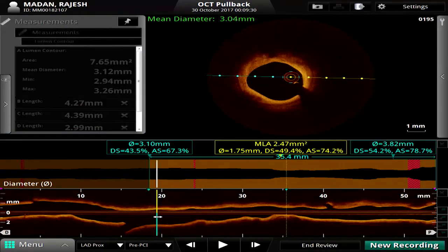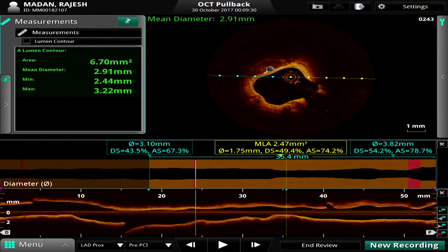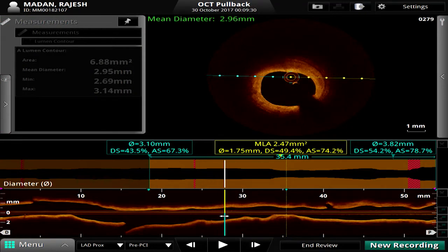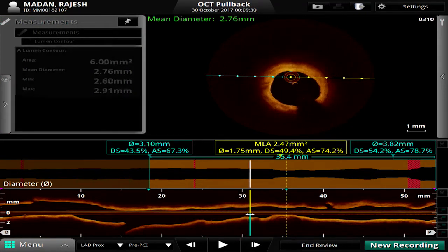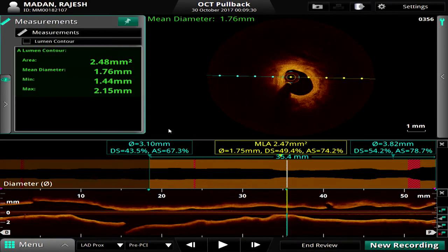And if you come a bit proximally, there is increasing plaque. You can see here a big chunk of calcium and a small island of calcium here, and the lumen looks pretty okay here. If you come proximally, again you can see a bit of calcium and a lot of fibrous appearing plaque. And this is the tightest part of the lesion with a lumen area of 2.48 millimeters square.